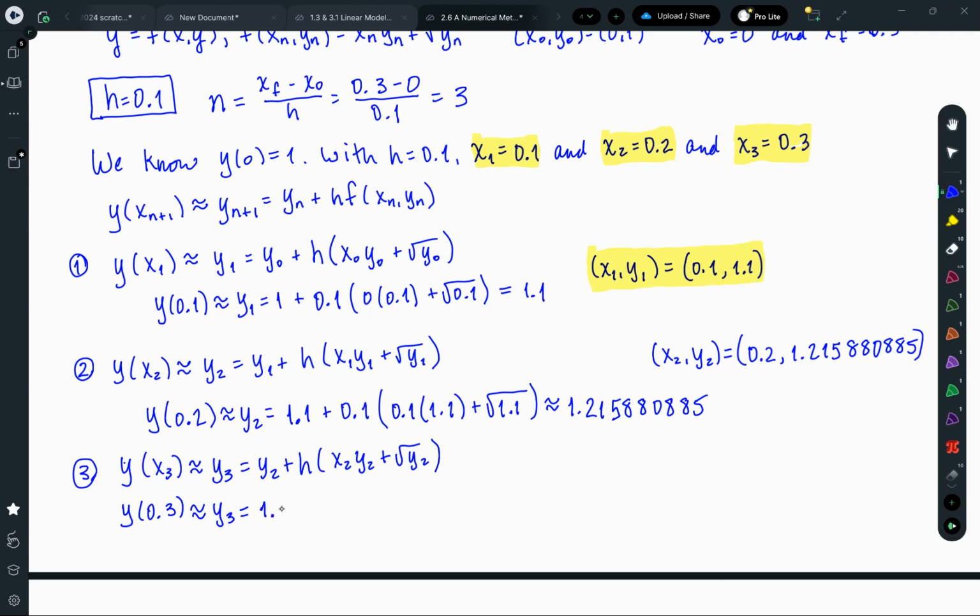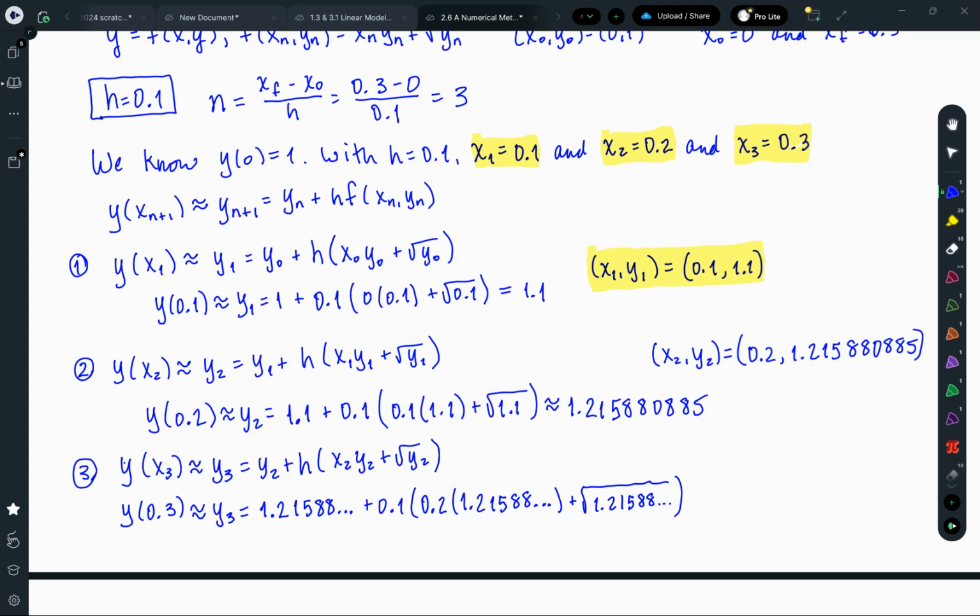So it's 1.21588, and it continues on, plus h, which is 0.1, times x2 is 0.2, times the y2, which is 1.21588, and that goes on, plus the square root of that, 1.21588, and that goes on.